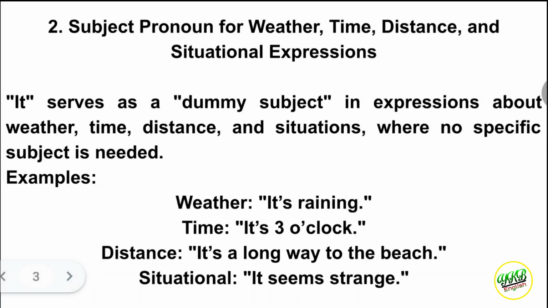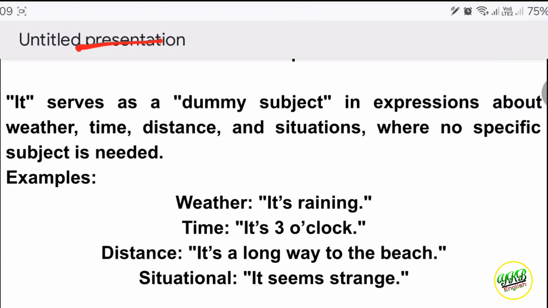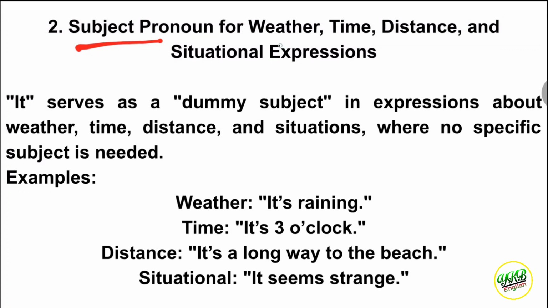Next use here: subject pronoun for weather, time, distance and situational expressions. As a subject pronoun, here are four uses. First for weather, second for time, third for distance and fourth for situational expressions.